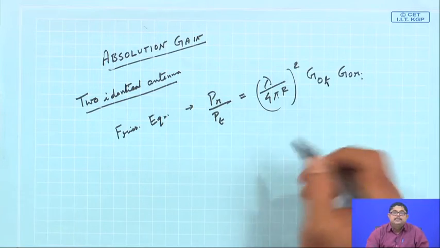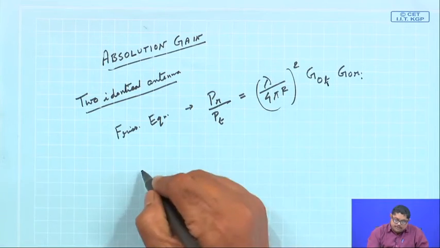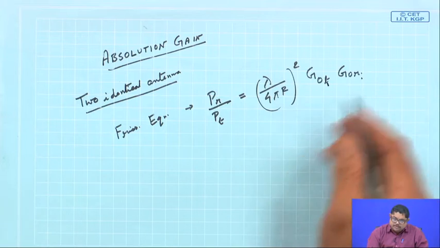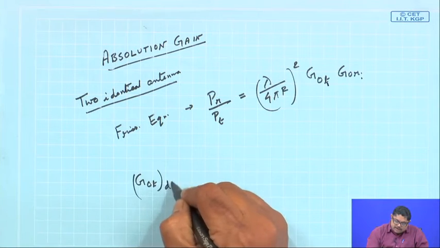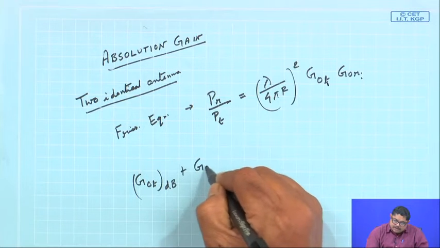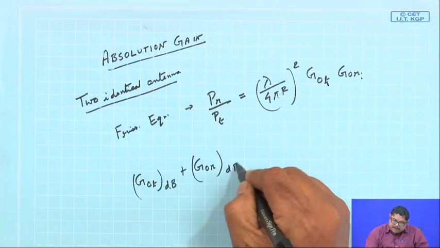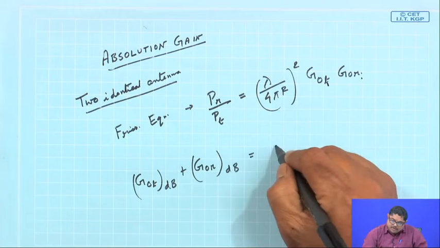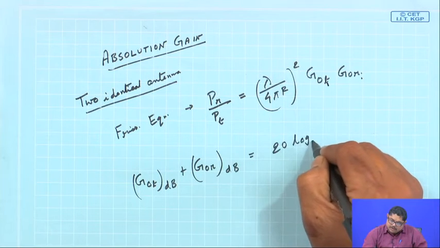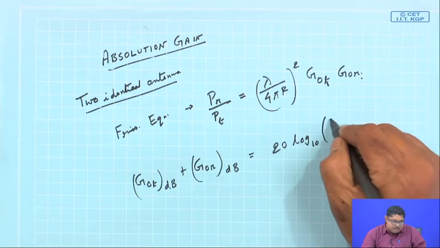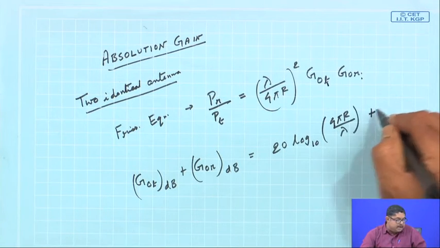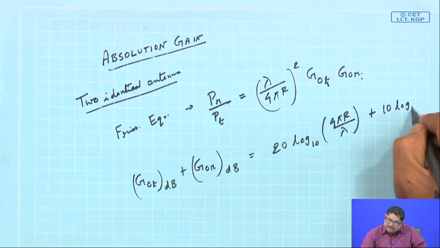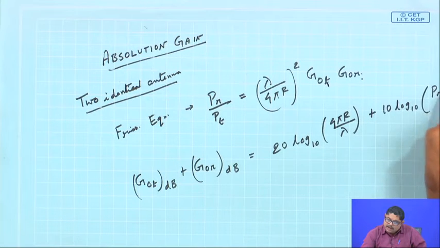Now, this equation, if we convert to dB, because gains are generally converted to dB, we can write G0T dB plus G0R dB is equal to 20 log 10 (4 pi r by lambda) plus 10 log 10 (PR by PT).